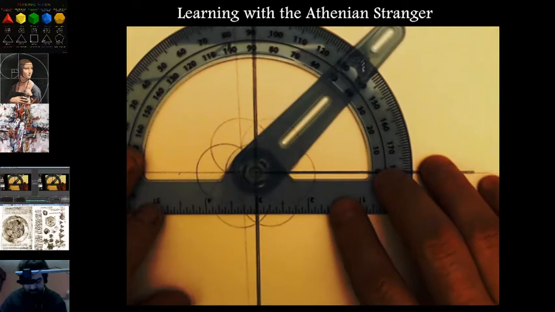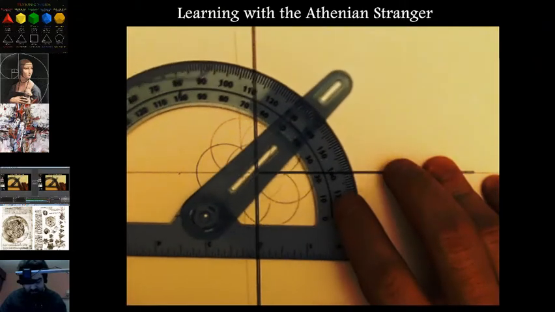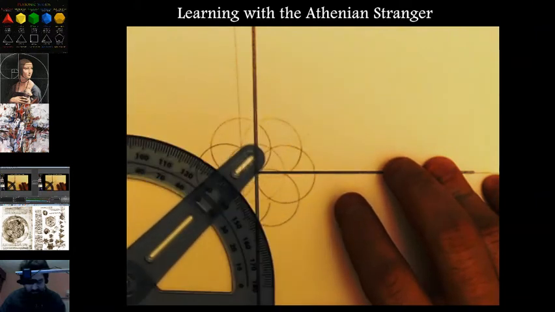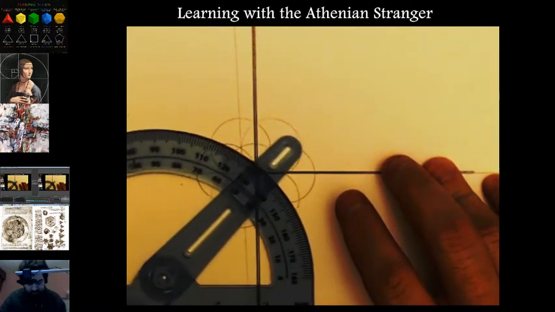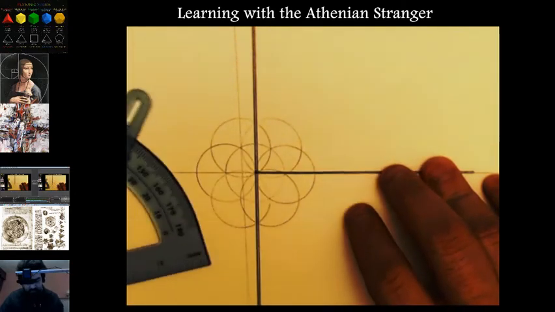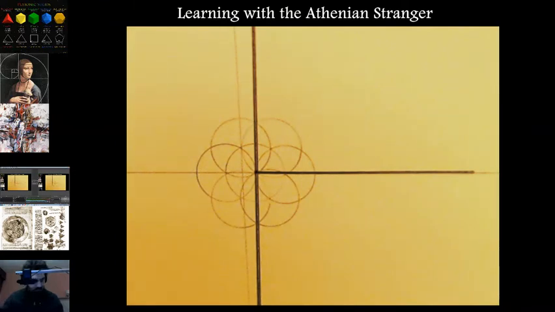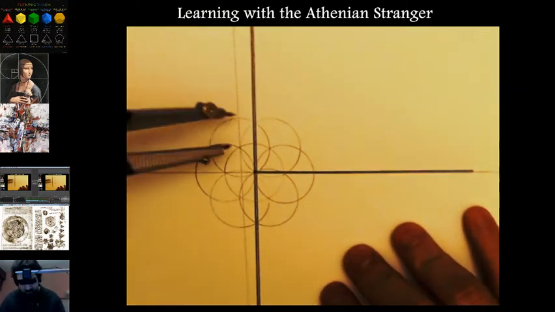But let's see if the circle provides a more exact way. Let's just see. Does the circle provide a way forward? The way to discover this 45-degree line in the circles is to just keep drawing circles.